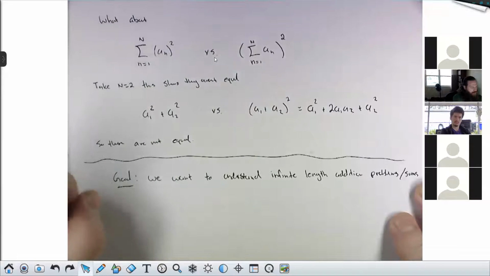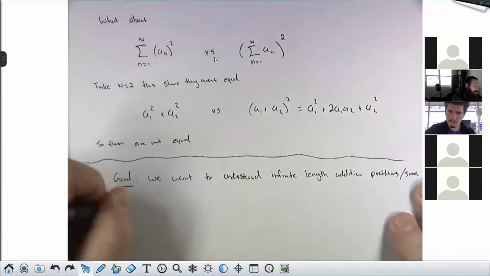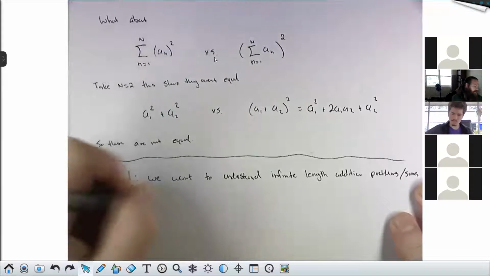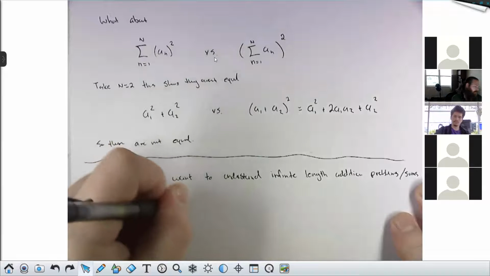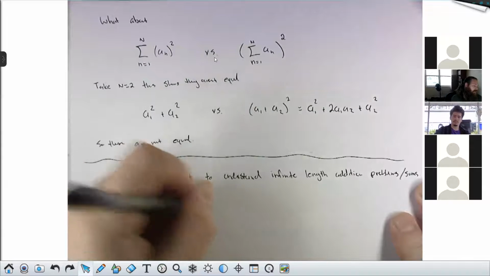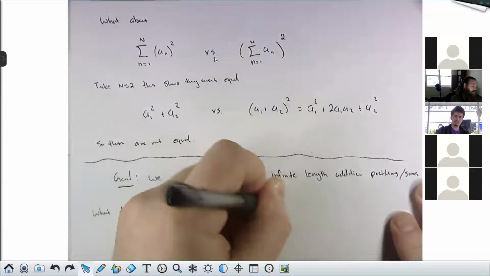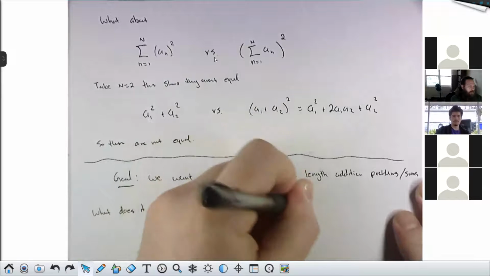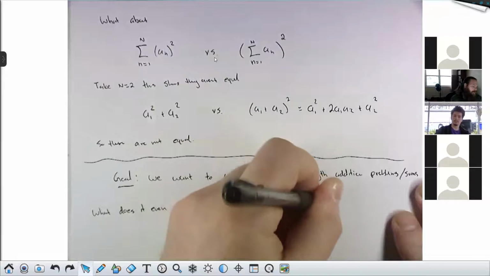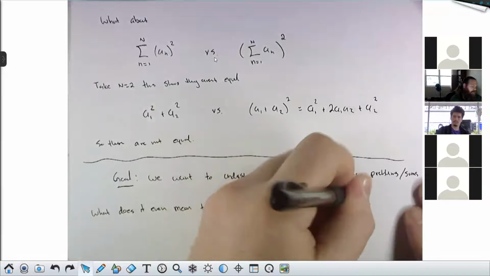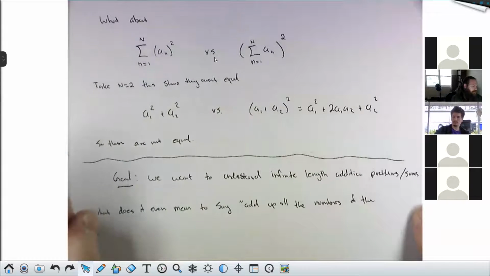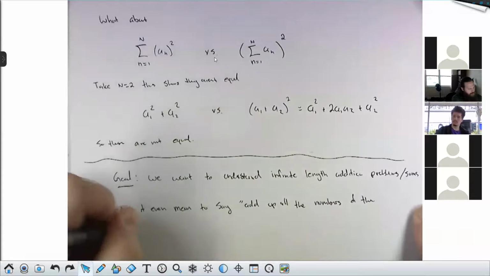So what does it even mean to say add up all the numbers of the form 1 over n squared?